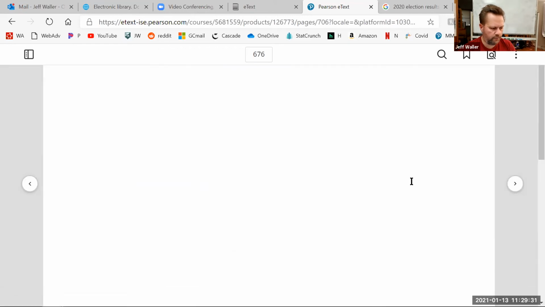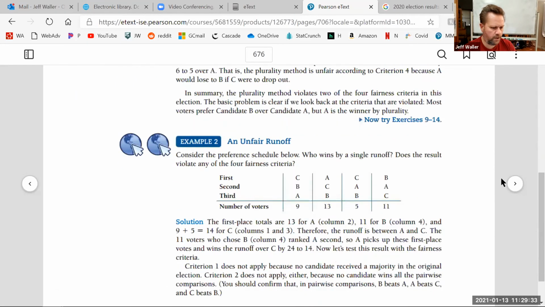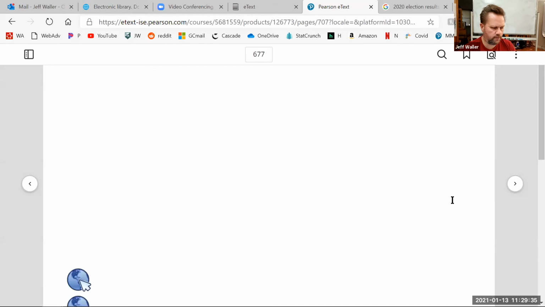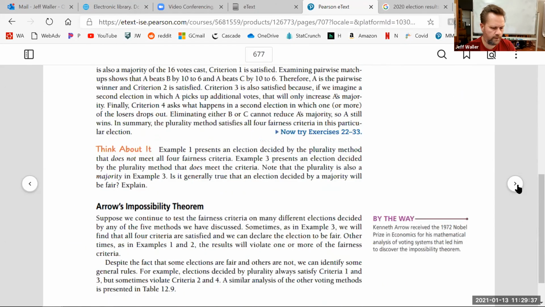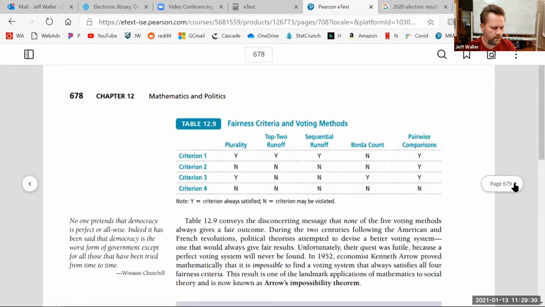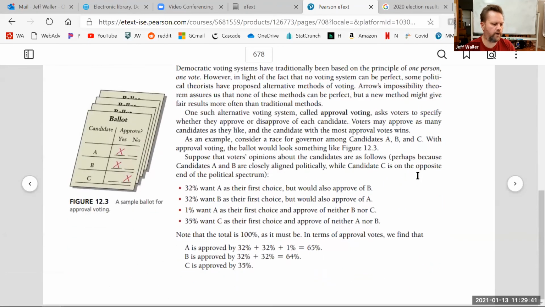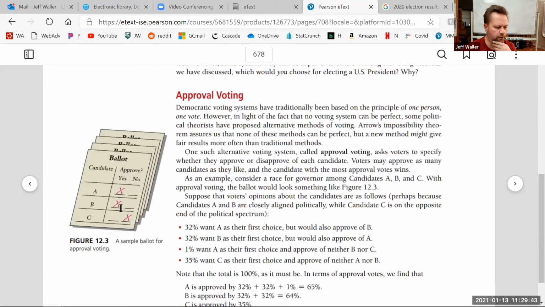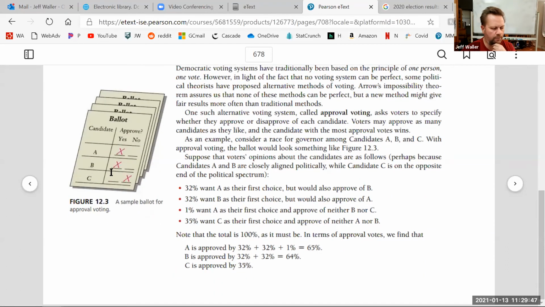Let's talk about approval. Okay, finally. So there's no ranking. You can just mark that you approve. Now I think the idea would be there wouldn't be any disapproval.